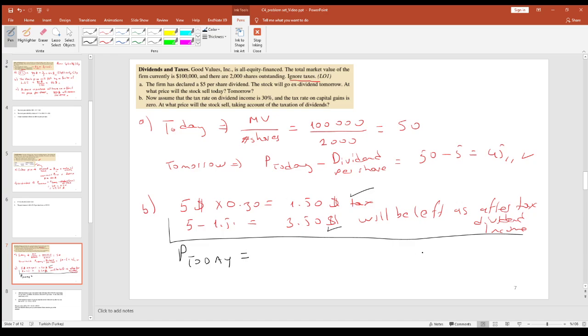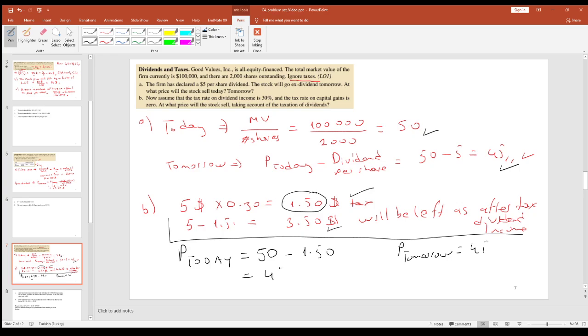In any case, price tomorrow here will be the same as this one, but price today will not be equal to 50. It is because there will be $1.50 per share tax adjustment. So price today will be equal to 50 minus 1.50, which is the tax per share.